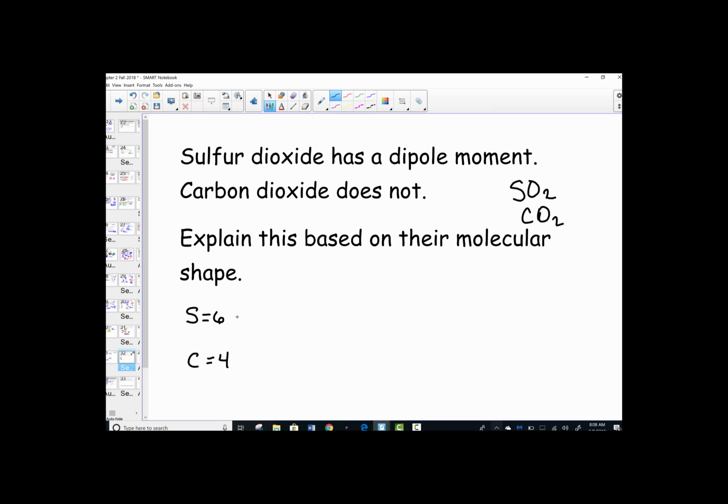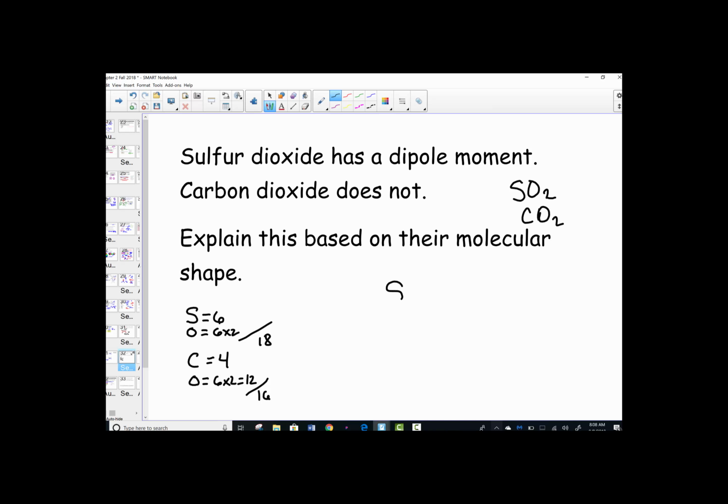So SO2 has 18 total electrons. Carbon dioxide has 16 total electrons.